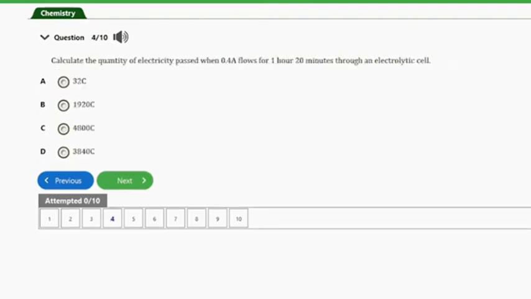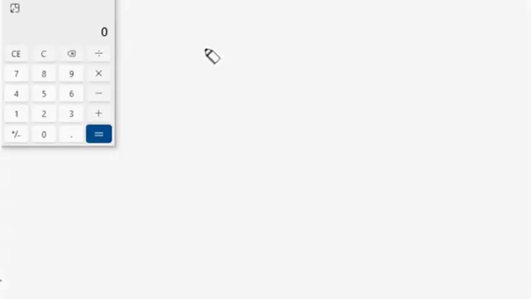That's question number 4. It says, calculate the quantity of electricity passed when 0.4 amperes flows for 1 hour 20 minutes through an electrolytic cell. So guys, we want to consider the quantity of electricity. So let's zoom into our workspace here and solve this together. We want to consider the quantity of electricity.